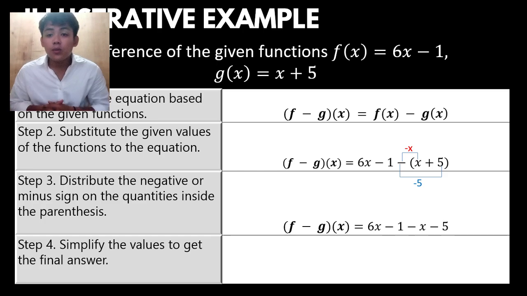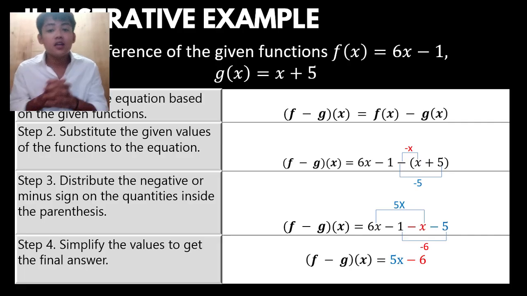When we simplify by combining similar terms, we will have the final answer for the function f minus g of x, which is equal to 5x minus 6.